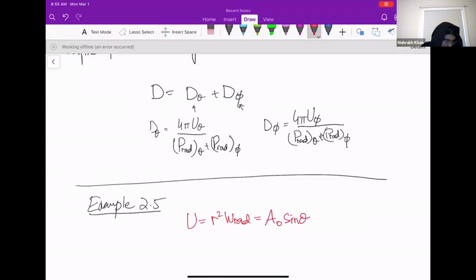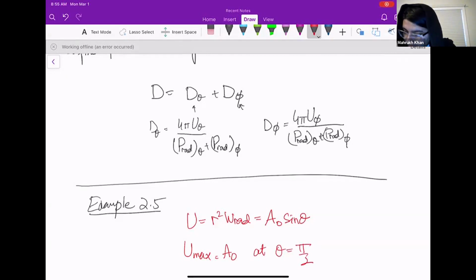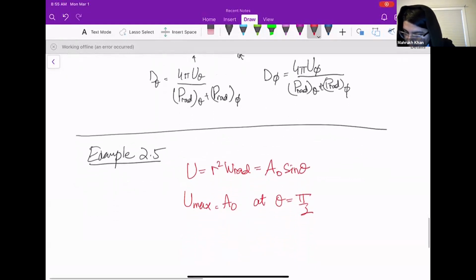And your maximum radiation intensity will be A naught at theta equals pi by 2. So we are asked to calculate the directivity.